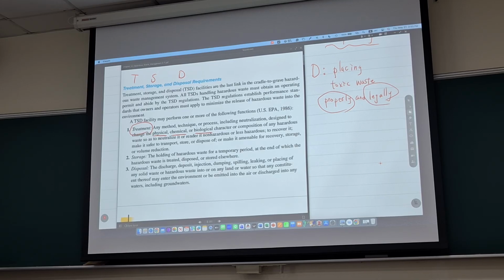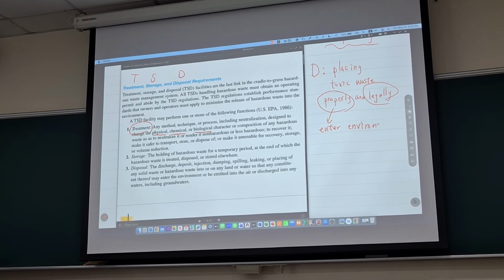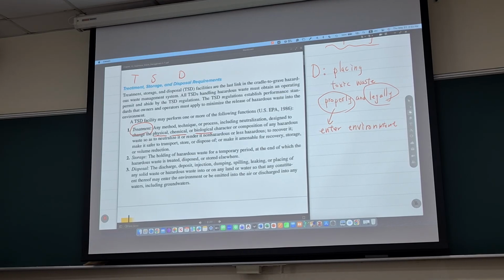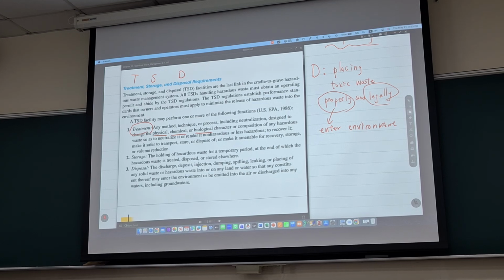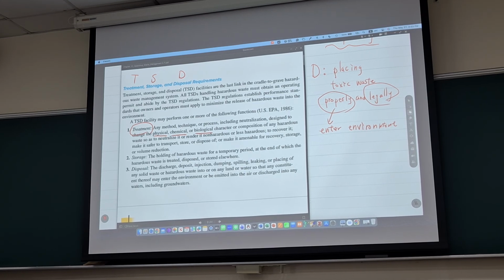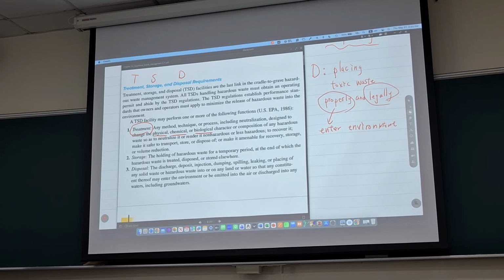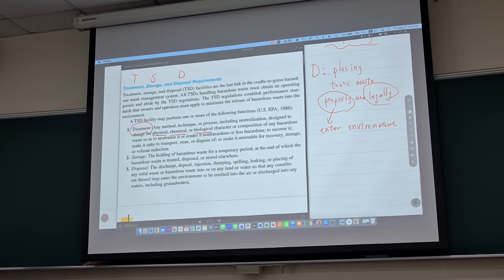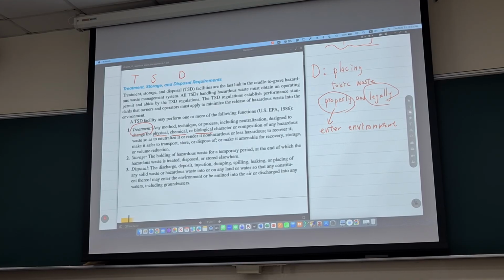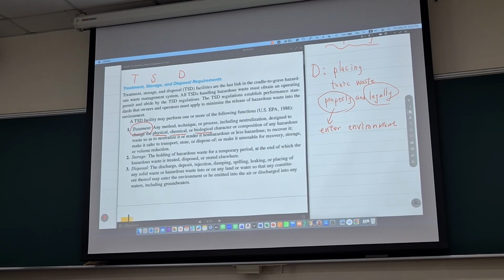Properly means do not let it enter the environment. As I told you, it might come back to you. You also drink water, right? You pollute the water, and this polluted water might come back to you for revenge.